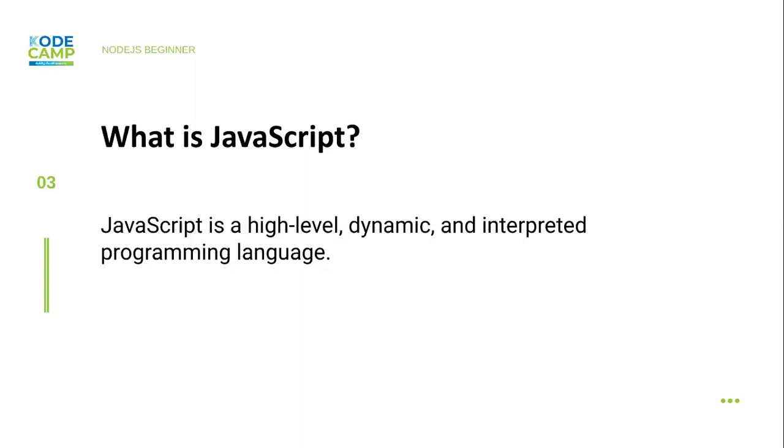But in JavaScript, you just write let a = 5, and later on you can change the value of a from being 5 to being something else. So it's dynamic.